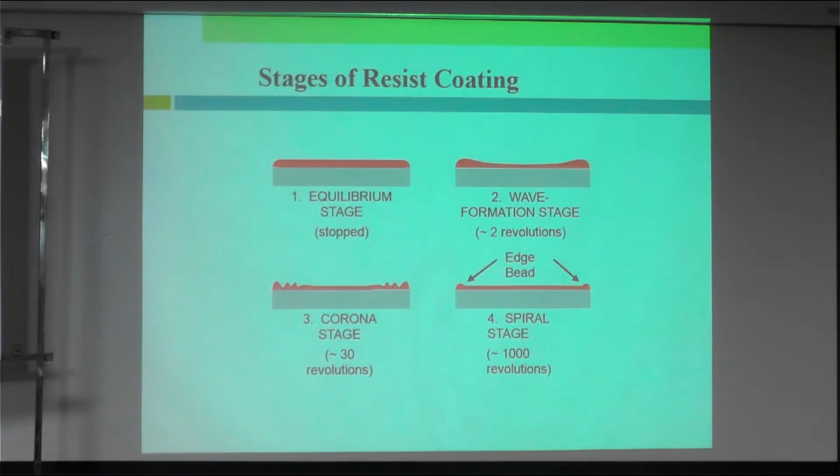Okay, and as I mentioned before, when you spin photoresist on the substrate, this is what happens. When you increase the rotation speed, at this level, you might get a thickness, but it will develop thicker at the edge.